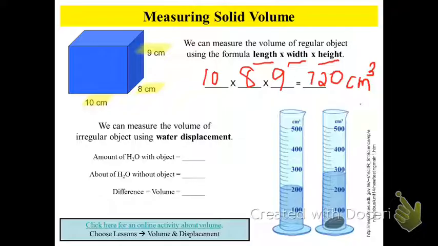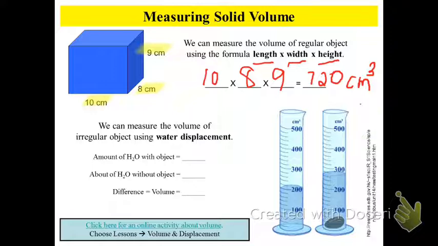All right, so let's look at 13 and 14. In 13, you're going to have to put this in your own words a little bit. What happens if I hand you something that's an irregular shape? It's not a perfect cube, or a rectangular prism, or a cylinder, but an irregular shape.